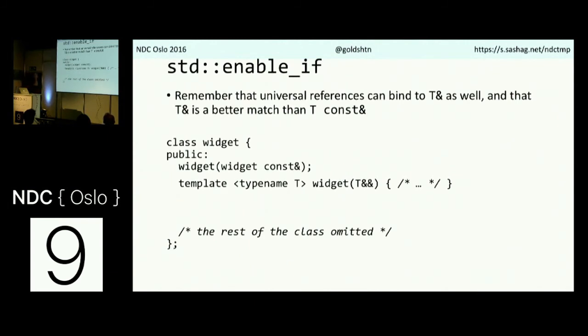What can happen is that if the user of my widget class initializes a widget and uses an L-value reference to a widget, which is not const, so basically just Widget&, right?